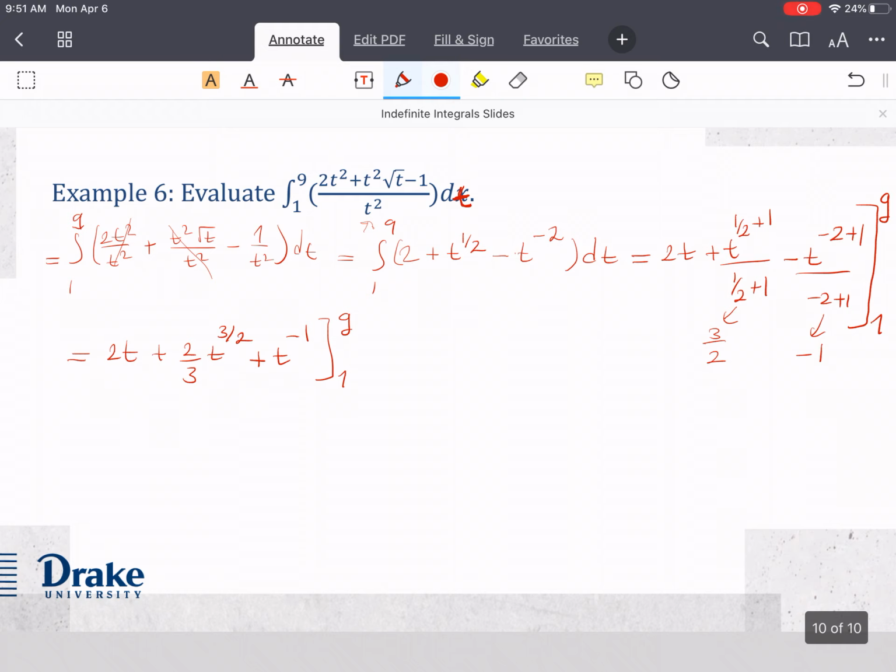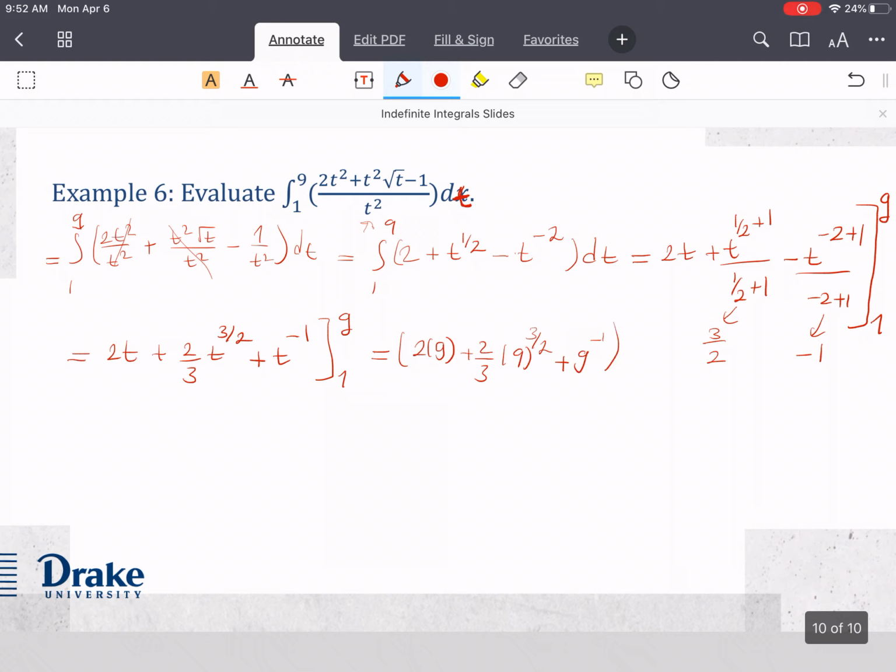Okay. And so again, because I'm evaluating this, I'm going to calculate f of 9 and then f of 1 and then subtract them. So let's replace t with 9 first. So 2 times 9 plus 2 over 3 times 9 to the 3 halves plus 9 to the negative 1.